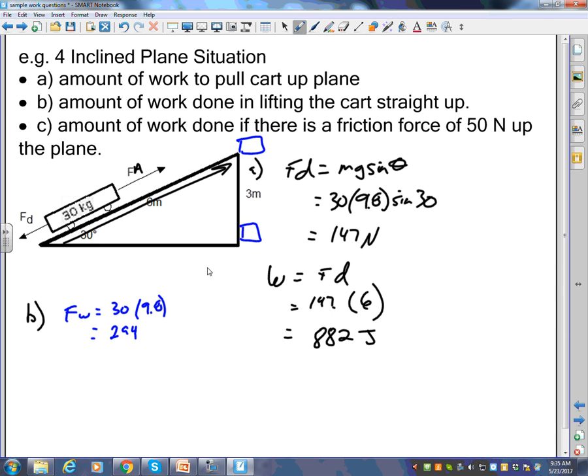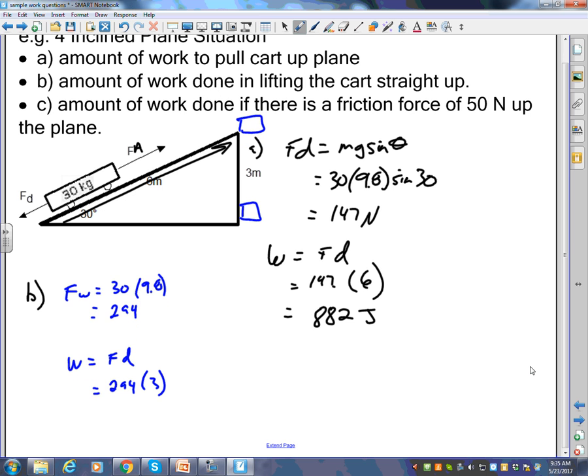But you only have to lift it how far? 3 meters. So the work is F times D. 294 times 3. Do you know what it's going to be? I hope you do. What is it?